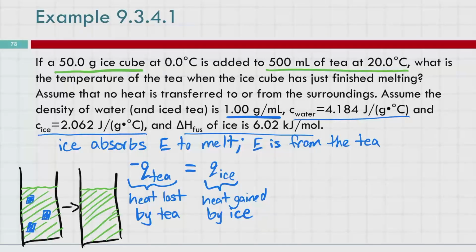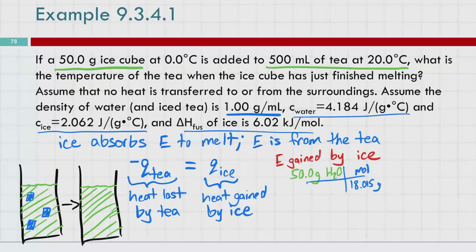So our first part is how much energy gained by the ice. We started with 50 grams of ice. Ice is just H2O. We've used this molar mass before, 18.015 grams per mole. It's 1 oxygen plus 2 hydrogens.